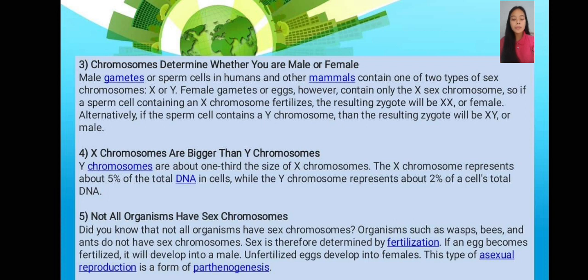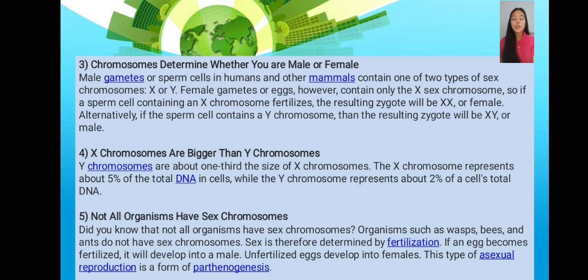So if a sperm cell containing an X chromosome fertilizes the egg, the resulting zygote will be XX or female. Alternatively, if the sperm cell contains a Y chromosome, then the resulting zygote will be XY or male.